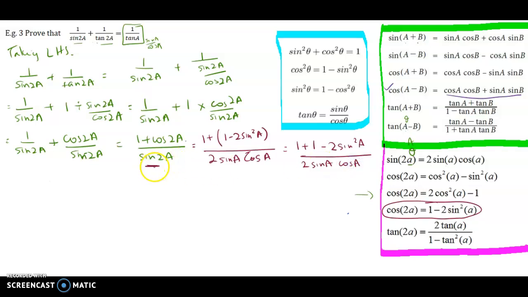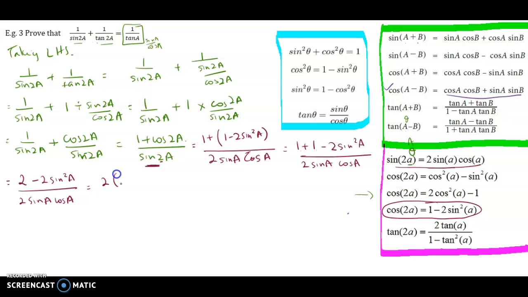The reason I wanted to substitute for sine 2a as well is because I need to get rid of this 2 in front of it, for me to only have sine a cos a and eventually a tan a. So my numerator now becomes 2 minus 2 sine squared a, over 2 sine a cos a.